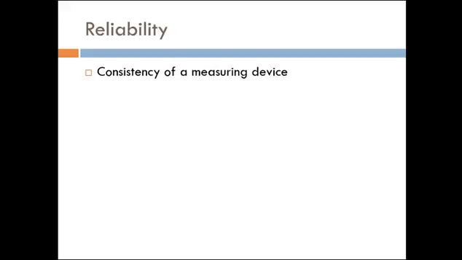That's what we're talking about with reliability. Would the same researchers with the same device produce the same outcome? Would the same device in the hands of other researchers produce the same outcome?